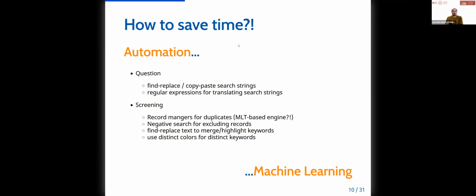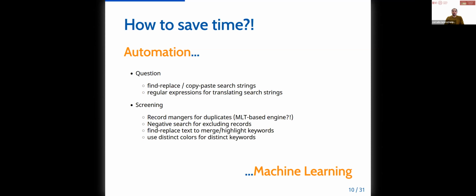For the question part, you can think about commonly used strategies to save time, such as find and replace words, maybe with all uppercase to highlight something in the text that can help you to speed up the screening procedure, or can help to define a more extensive strategy, considering words that can be variations of the word, or synonyms, or maybe wrongly typed words in the text.